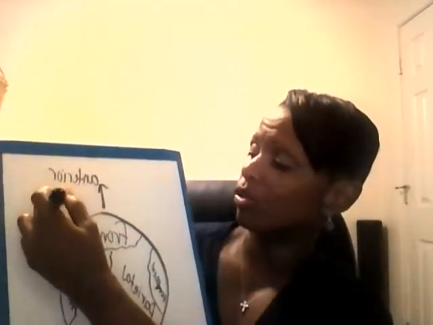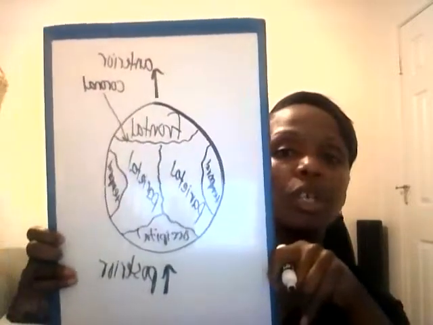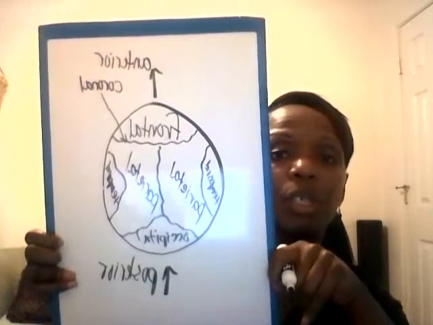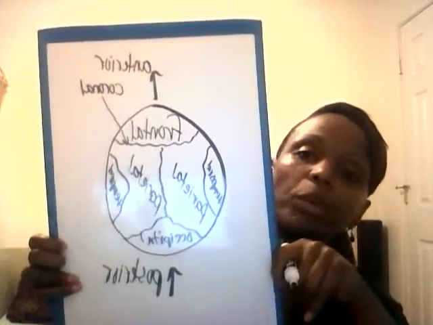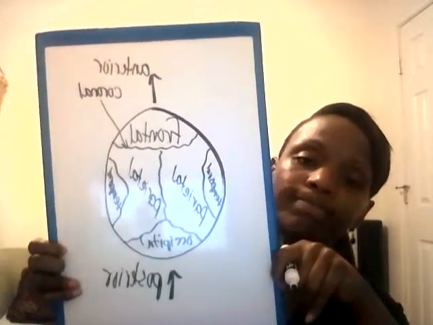So the coronal suture is the one right there. It's at the posterior region of the frontal bone and the most anterior region of the parietal bones.